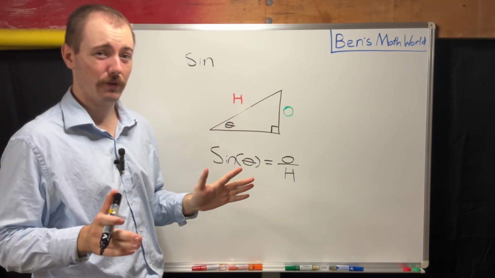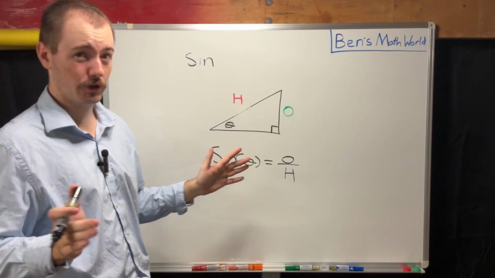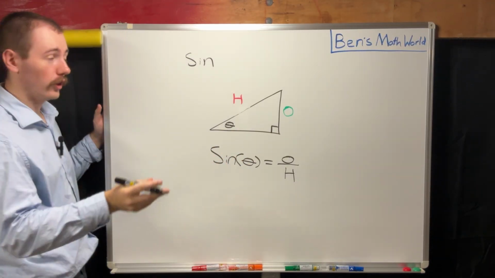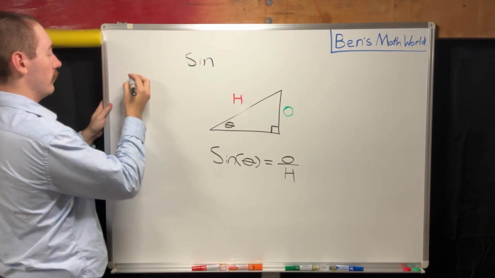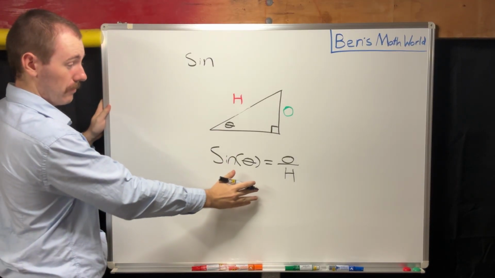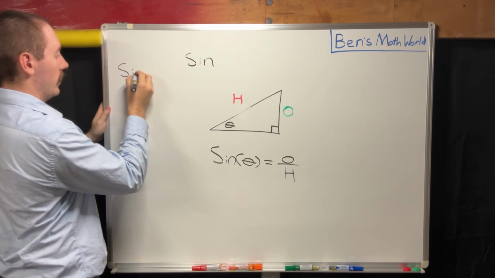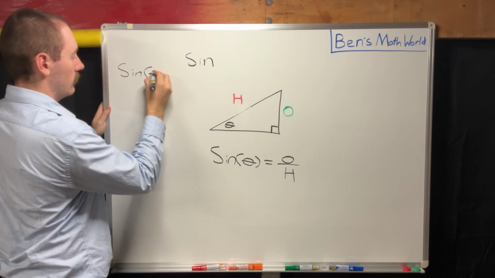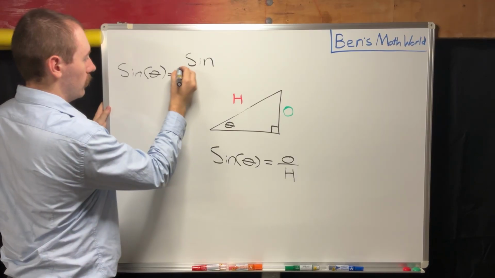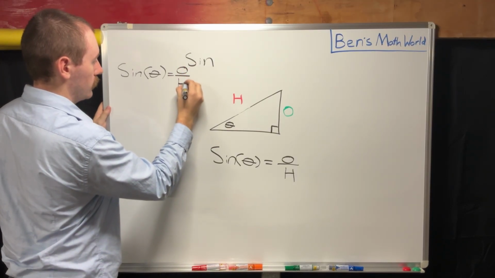Now we're going to start with the simplest, which is theta, which you'll be finding a lot of. So we'll start over here with our function as it is, because you will have to remember this. This is very useful. So let's go sine theta equals opposite over hypotenuse.